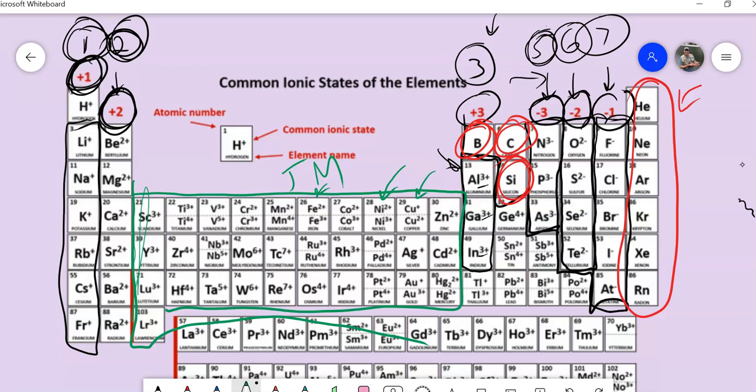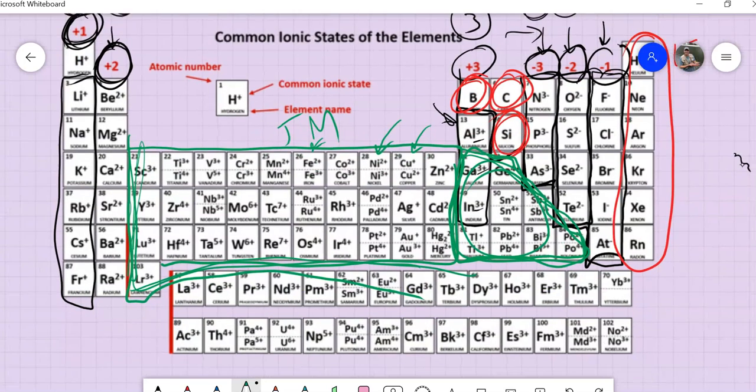That's also true with our post-transition metals, which are the metals that are past the d block and in the p block, but they are metals. These elements here also can have multiple charges. So basically any metal that's in the d block or the p block, with the exception of aluminum, often has multiple different charges that can exist.